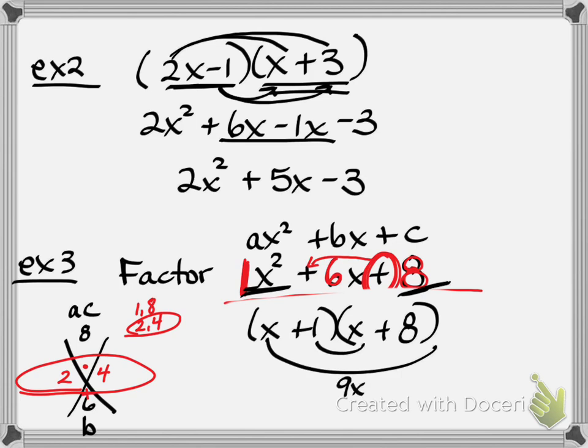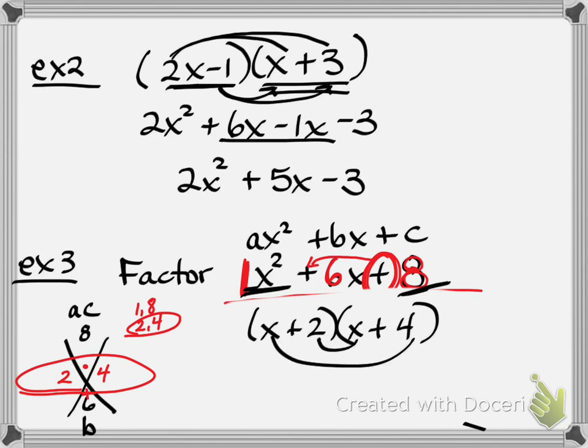That's 9x. That's not what I needed. Let's check a different factor of 8. Let's use 2 and 4. That gives me 4x and 2x, which is 6x, which I wanted. So you can get your answer that way too. It does not matter to me how you do it. Let's do another.